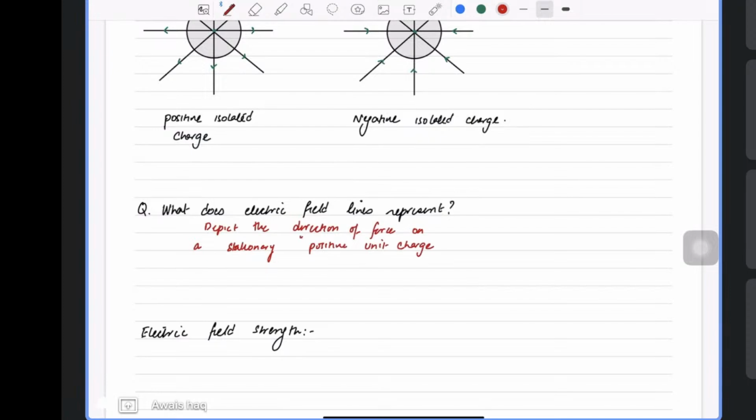So wherever the positive will go or feel the force, if it's stationary, it will feel the force this way. So that is the direction of the field.